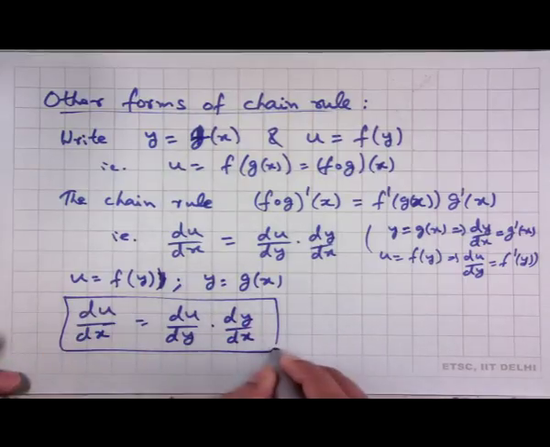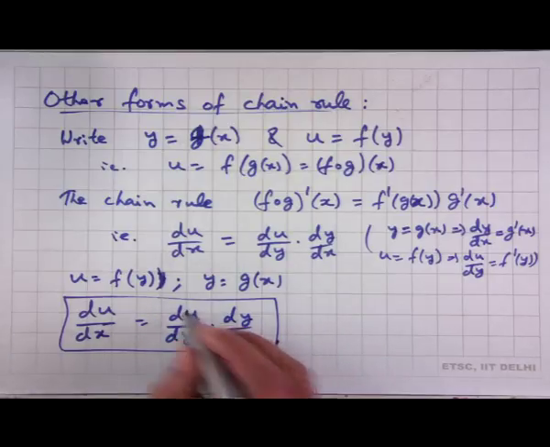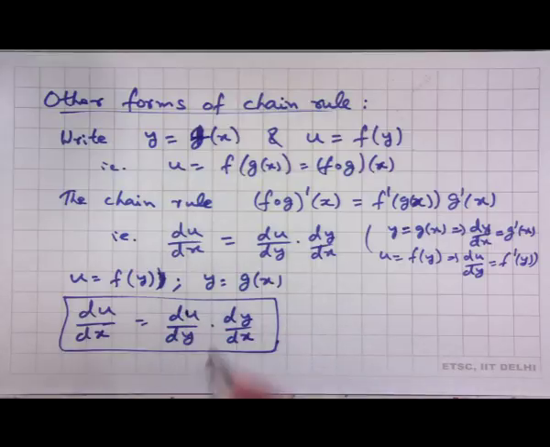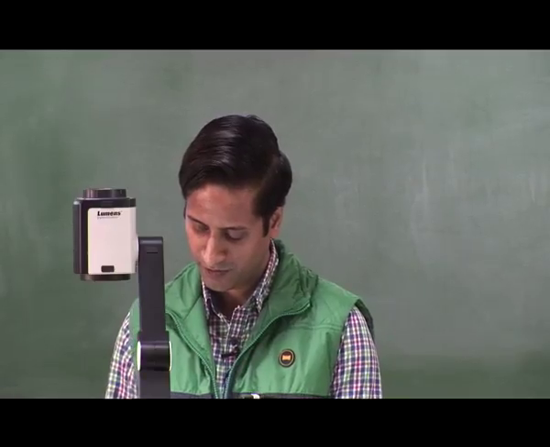This is easy to remember, because if this was usual division, then the dy cancels and we get du by dx. That is the way you can remember it, but note that du by dy is just the symbol for the derivative, it is not the quotient of two things.